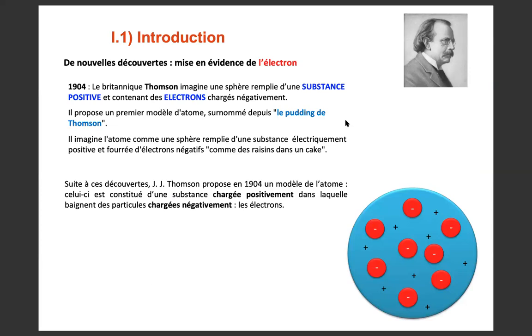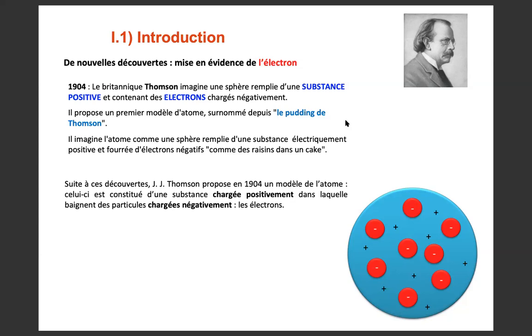What he did was establish that the atom has a positively charged part, and because it has a positive part, it's automatic that if you have something that is positive, there is supposed to be an opposite charge.